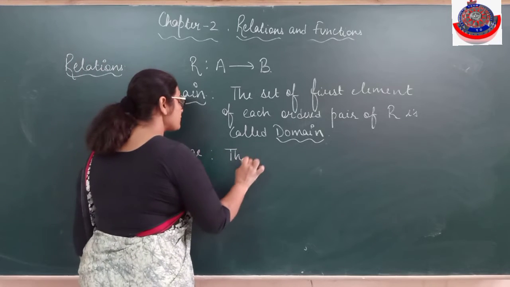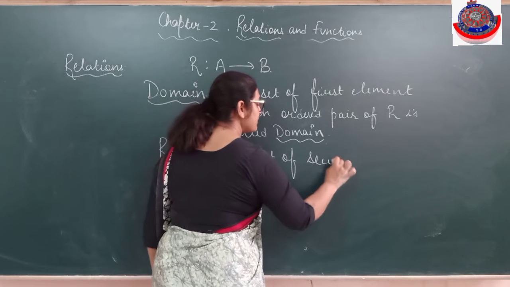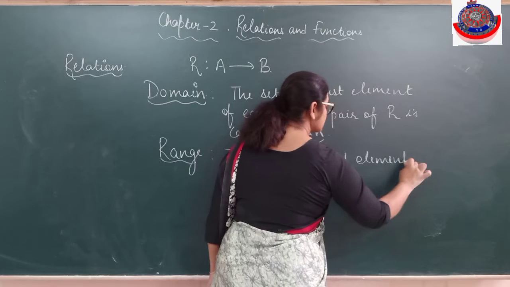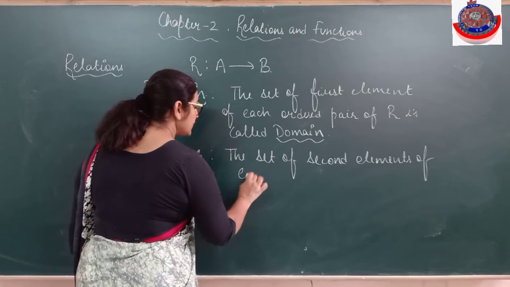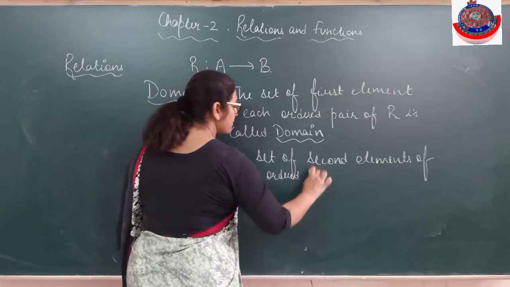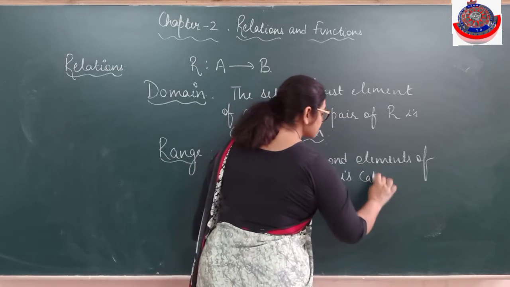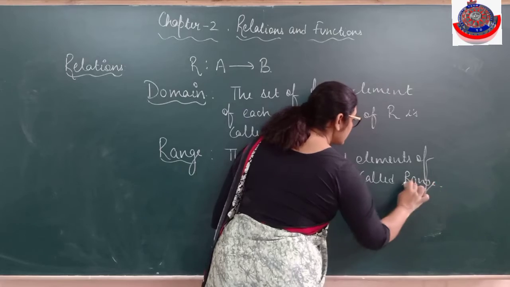The set of second elements of each ordered pair is called range.